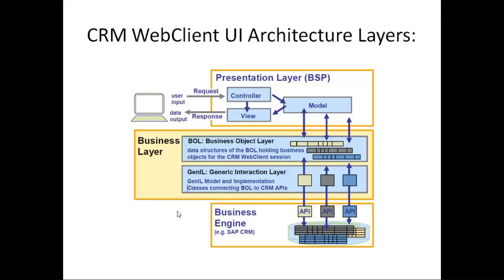Once the model is filled with the data, it will pass the data to the view, where the view makes that data presented in the web UI in user readable format. And once it is ready, the output will be displayed in the web UI session. So this is how the model view controller approach is utilized in CRM web UI.